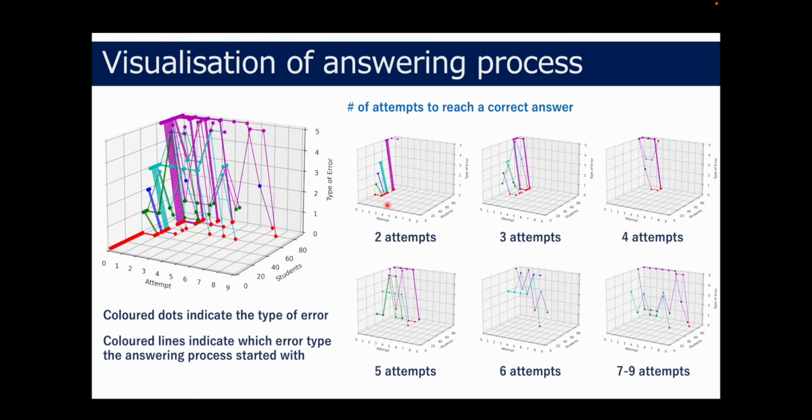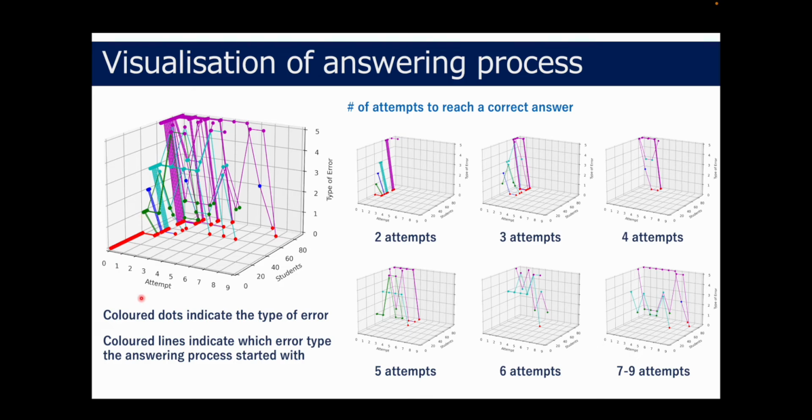We represented the 94 students' answering process in a 3-dimensional line graph. The horizontal axis represents the order of attempt, and the vertical axis represents the error level. The students are arranged in the depth direction. Colored dots indicate the type of error, and colored line indicates which error type the answering process started with.